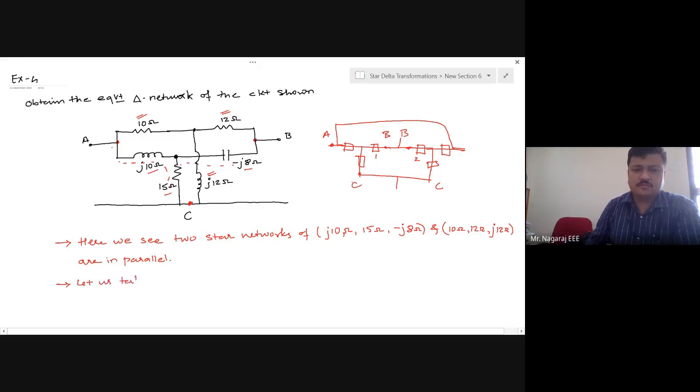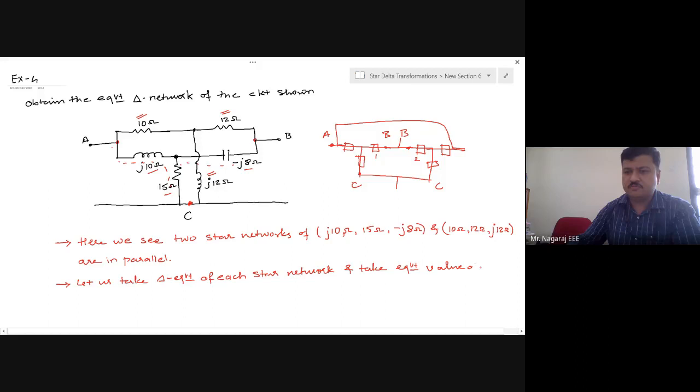let us take the delta equivalent of each star network, and take the equivalent value of two delta connected networks.